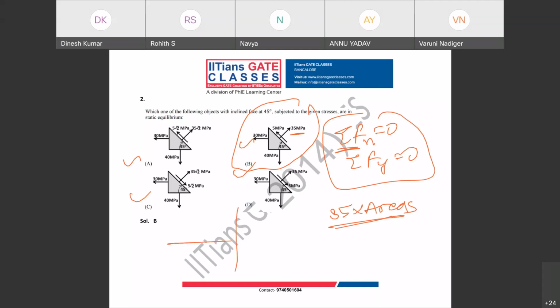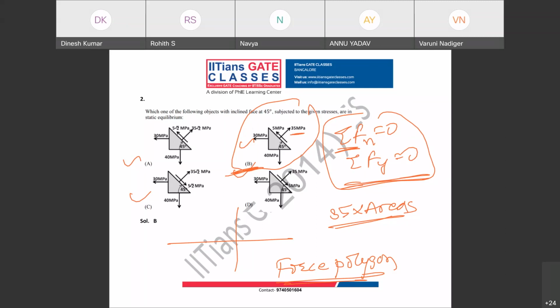If you know a little bit of engineering mechanics, you can draw a force polygon and check all four options. Only option B will satisfy equilibrium, because whatever formula we have derived, we have derived from equilibrium only. Is it clear to everyone? Yes or no? Anyone has any doubt in this?